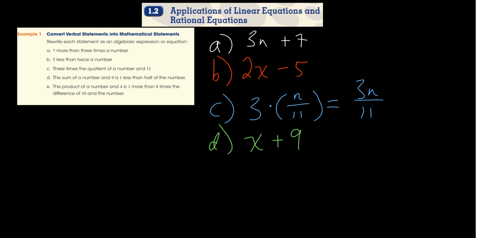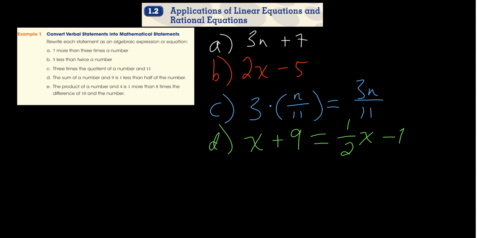All right, everybody agree that that is the sum of a number and 9, so sum being addition. And then we have that is in there, so we're going to go ahead and put that equal sign. Is 1 less than half of the number. So if we did the 1 less than, that's going to be 1 less than half of that number. So half the number would just simply be 1/2 x. And that is the sum of a number, again, the left side, is, and then that's the equal sign, 1 less than half that number.